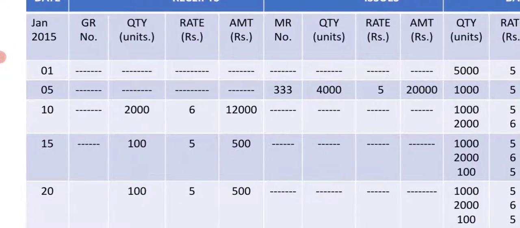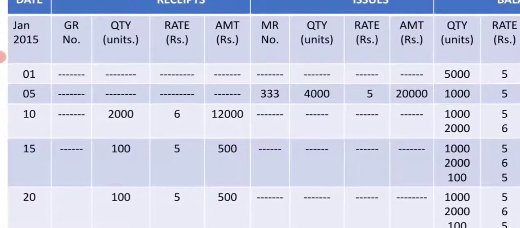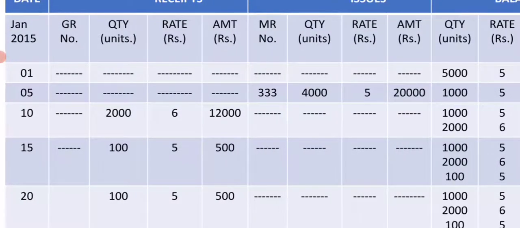The next transaction is on 15th January 2015, received back into stores 100 units issued on 5th January 2015. So 100 units which were issued on 5th January at the rate of 5 are received back from the production unit.